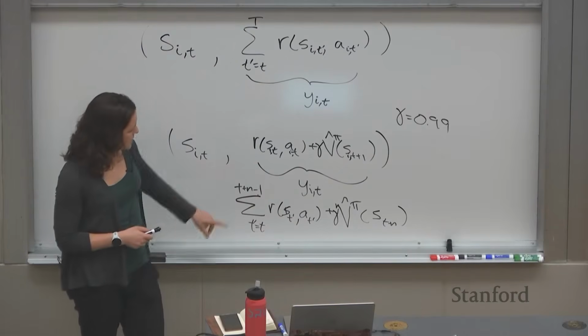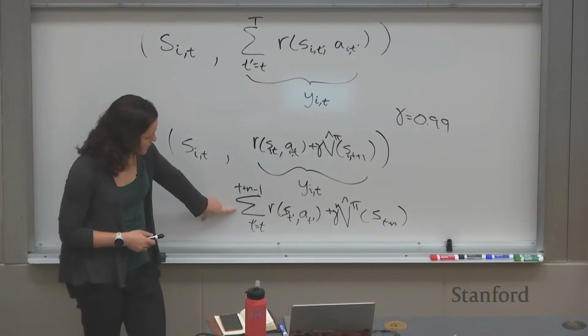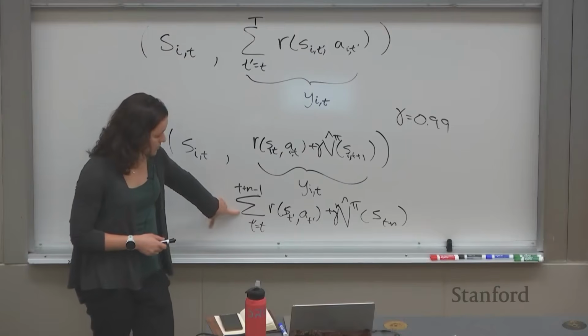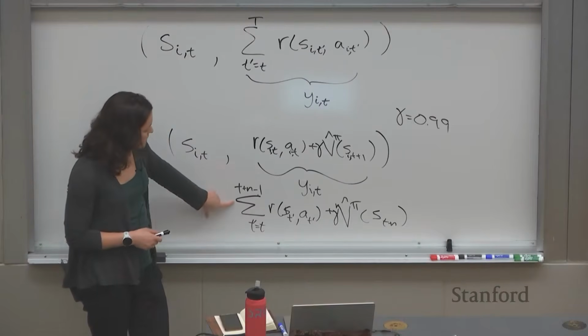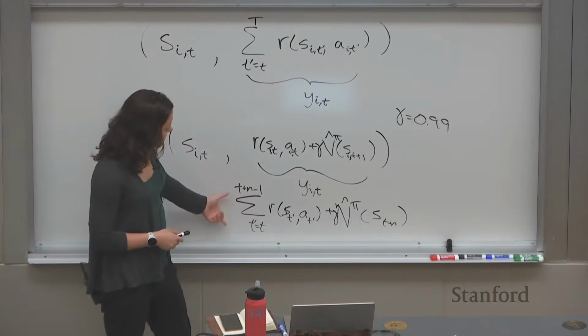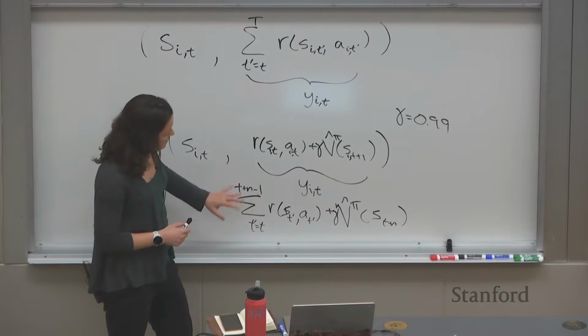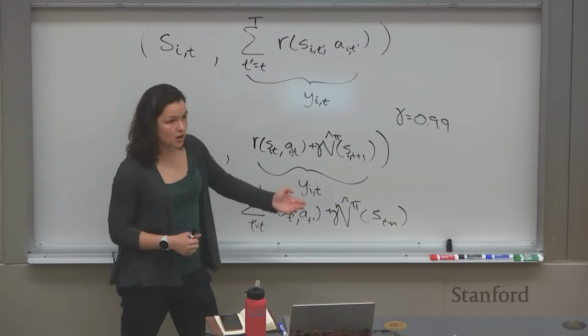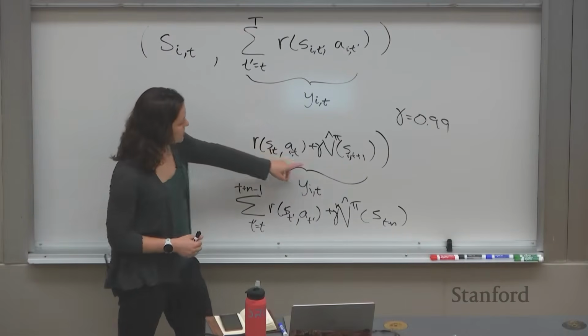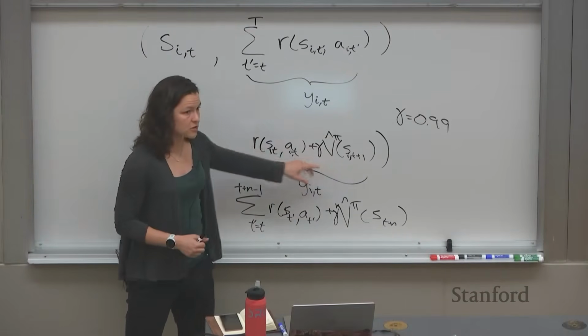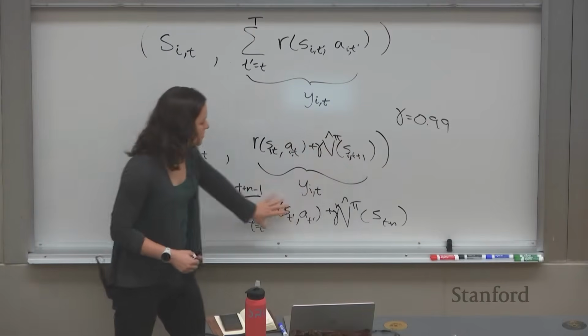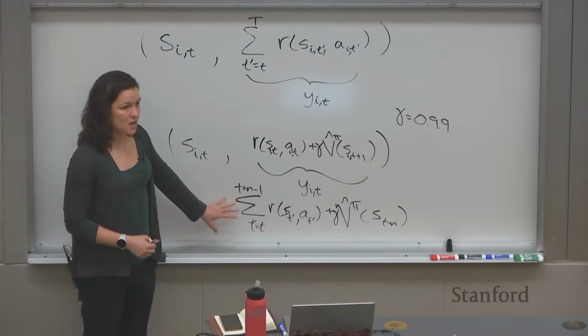So the question was, in terms of choosing how far you look ahead, does that affect whether you're prioritizing short versus long term? In this case, it doesn't actually affect how greedy you are, because the value function is representing the sum of rewards. These are still estimating the same exact quantity.